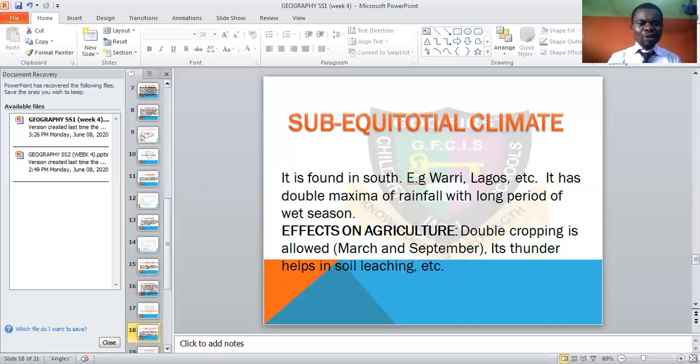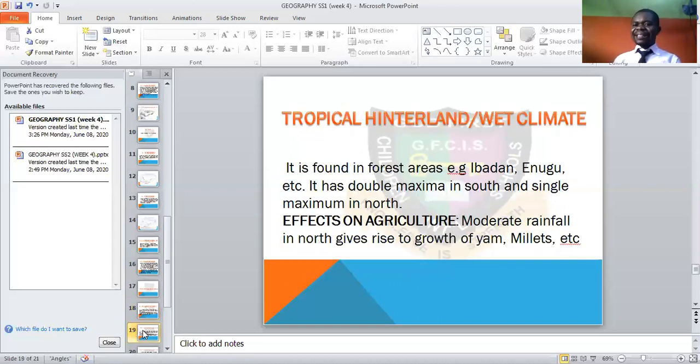So we also need to look at the second type, that is tropical hinterland or wet climate. This one is found in forest areas like Enugu, Ibadan, and so many others. It has double maximum of rainfall in the south and single maximum in the north. I've also discussed this.